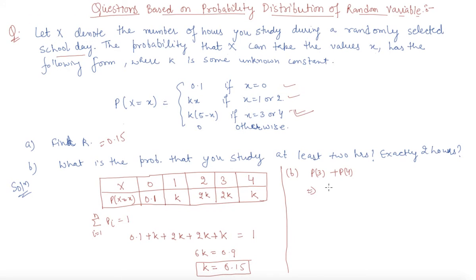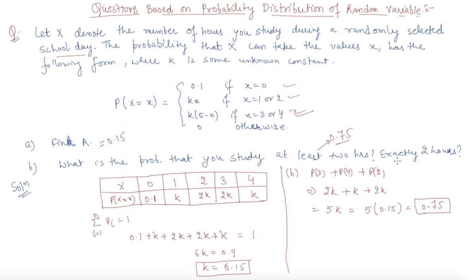Okay, and this is 2k plus k, and plus it should be the probability of 2 also. If you study for 2 hours it is at least 2 hours, so it is 2k more. So we are getting 5k as the total probability, and putting the value of k in it we are getting 0.75. So the probability of studying at least 2 hours is 0.75.